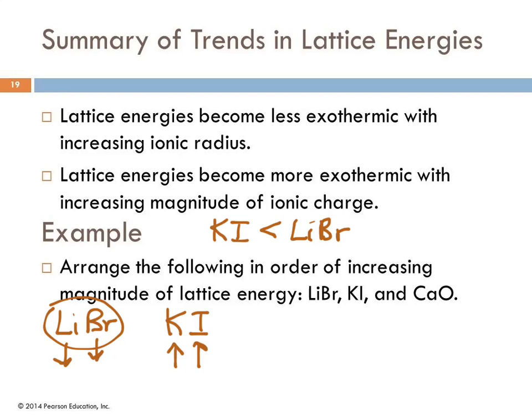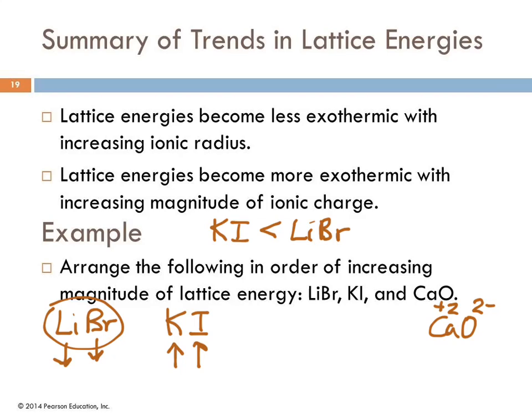So now we have to look at calcium oxide. Well, calcium oxide, each of those has charges of 2. We've got +2 and -2, right? So then we have to look and see, well, how do these things compare in size to the other ones?